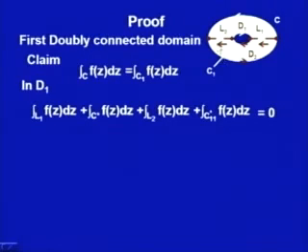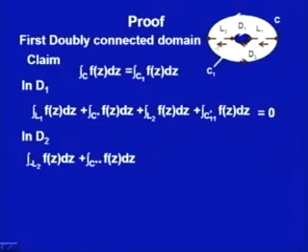Similarly if I go to D2, in D2 the orientation of this boundary I would take in this manner, where this red orientation we had shown. I would start from L2, that is from this point, then this portion of C, then L1 and then we will go in this manner, so we complete the boundary. So in D2 it should be minus L2, because L2 we have taken in this direction, and when I am taking the integral along the opposite direction it should be minus of L2.